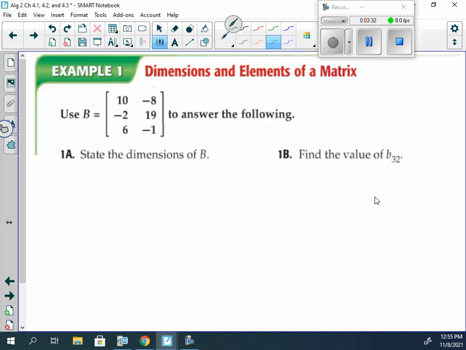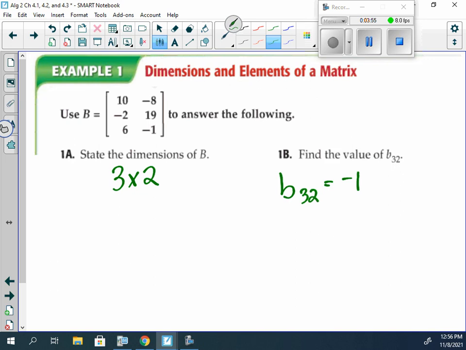All right. State the dimensions of matrix B. 3 by 2, 3 rows, 2 columns. So it is a 3 by 2. Now we also want to find the value of b 3, 2.